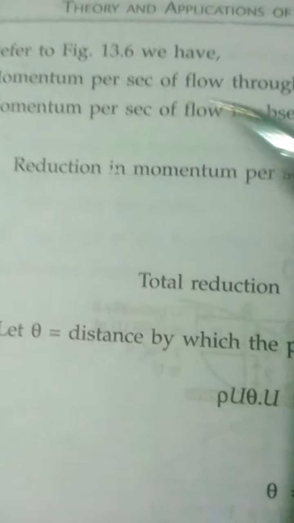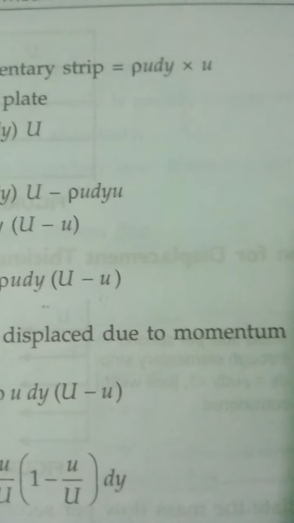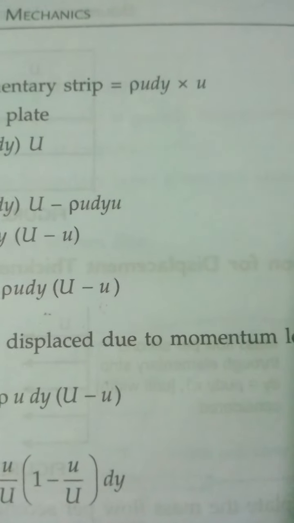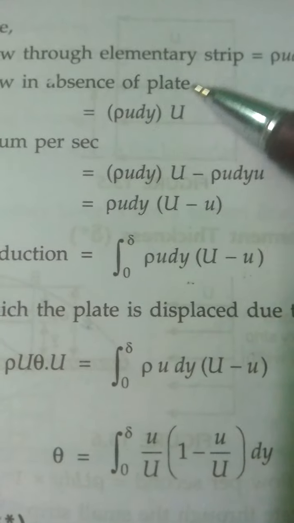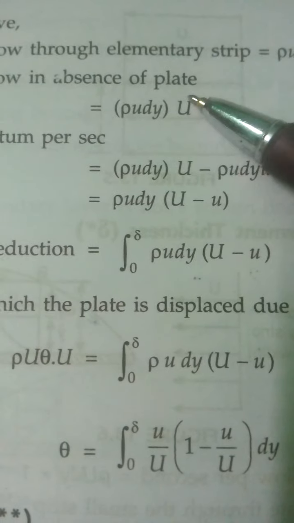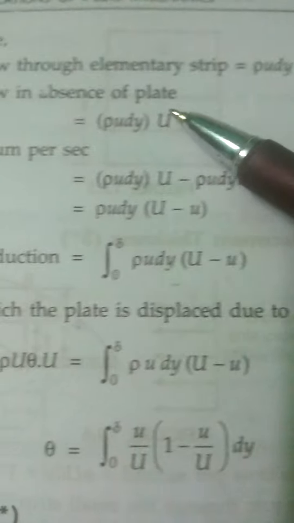So you have understood this. The term should be understood particularly. Momentum per second of flow in absence of the plate is this one. With the plate, this u is nothing but the capital U.